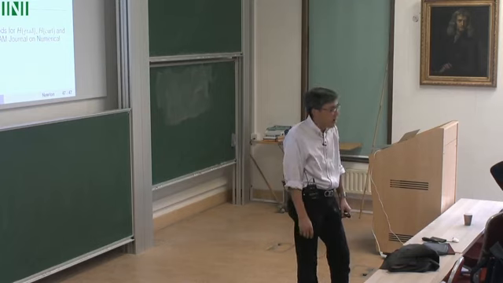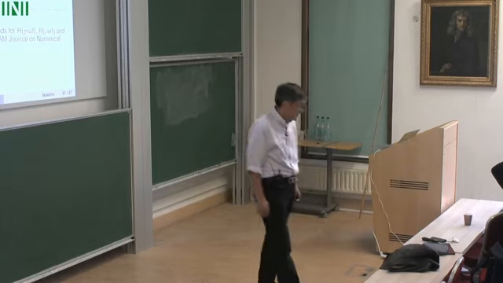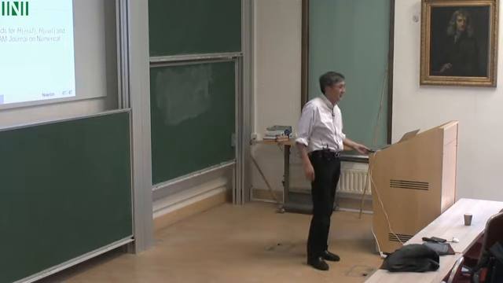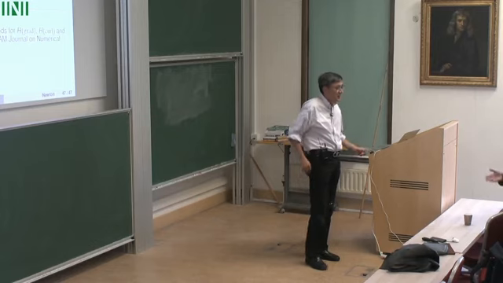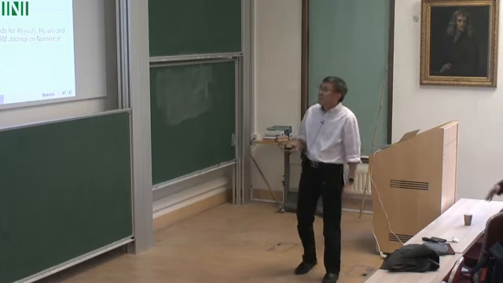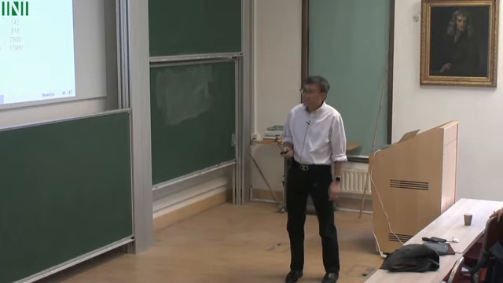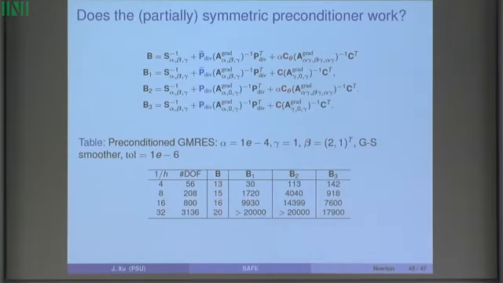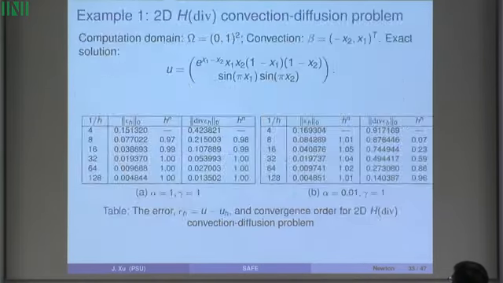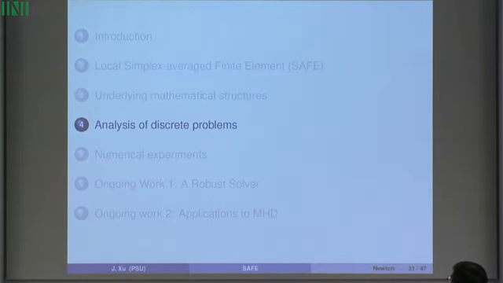I have a question. I'm not sure I quite followed your exponential fitting. I didn't see it. How do you use it? Go back to the first convection diffusion. I don't fit anything. You use that terminology, but I don't know what the exponential fitting actually means. I'm sorry, but that's how you guys call it.